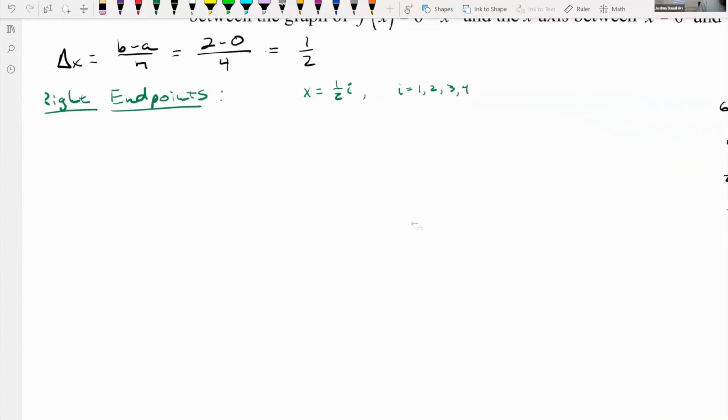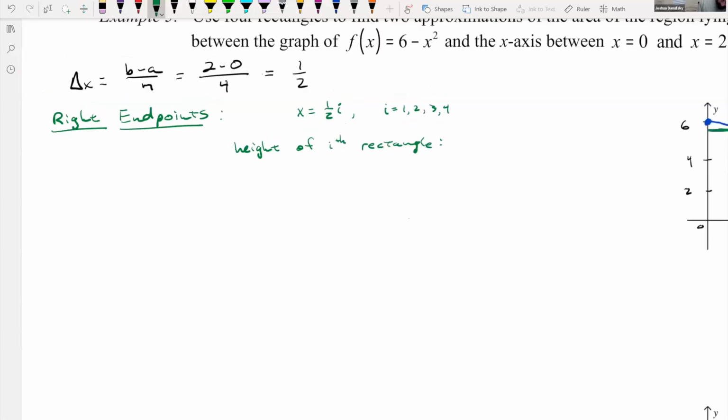So we have the widths of the rectangles we know to be a half already. So now we need the height of each rectangle, the height of the ith rectangle. That's going to be what? Well, let's think about this for a second.